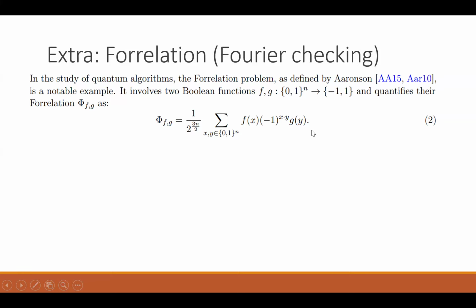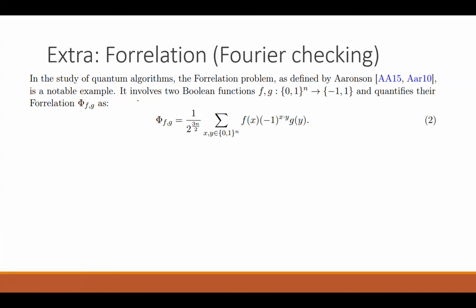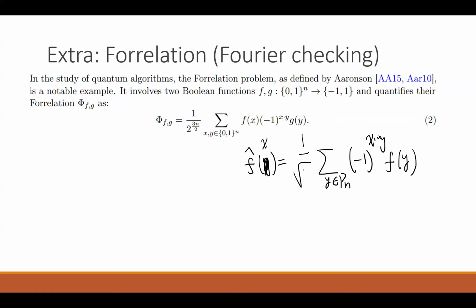Okay, so the question is, why is this called Forrelation? This is the terminology, right? One can define a Fourier transform over F2 to the n by defining f hat of x to be the sum over n-bit strings y of (-1) to the x dot y, f of y, times 1 over square root 2 to the n.